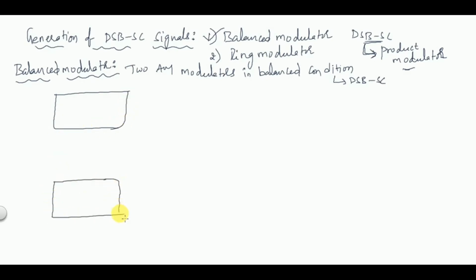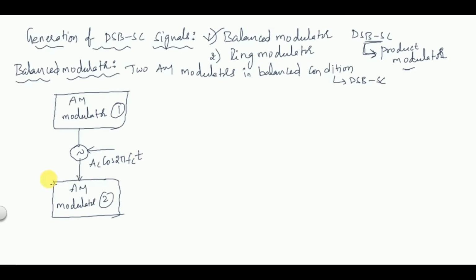These are the two AM modulators, let this be 1 and let this be 2. They are given a common carrier signal, which is given by Ac cos 2 pi fc t.